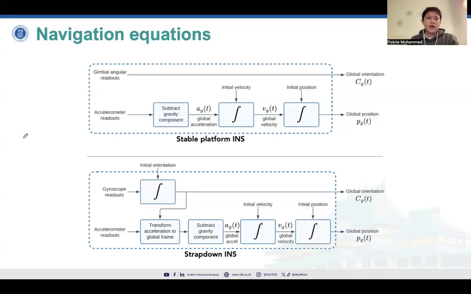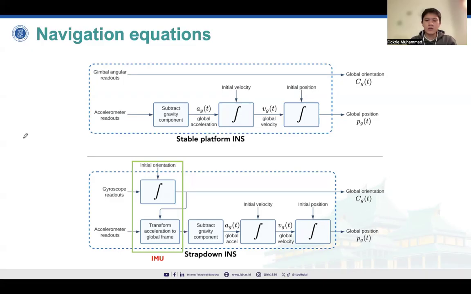Well, of course, we'll be relying on the navigation equations like we previously discussed, but now we're going to talk only about the strapdown INS. Basically, we have the IMU, which consists of a gyroscope and accelerometers, and both sensors provide the measurement data. The gyroscope provides the orientation measurements, and the accelerometers measure the acceleration vector.